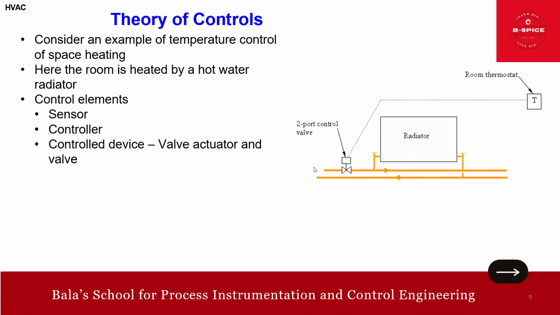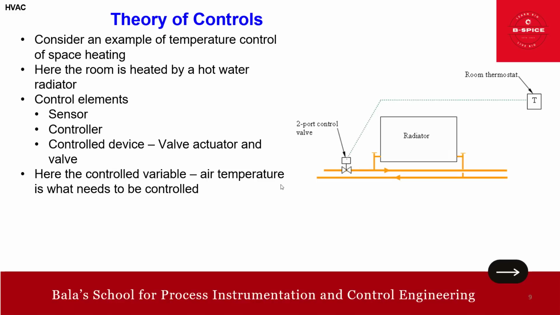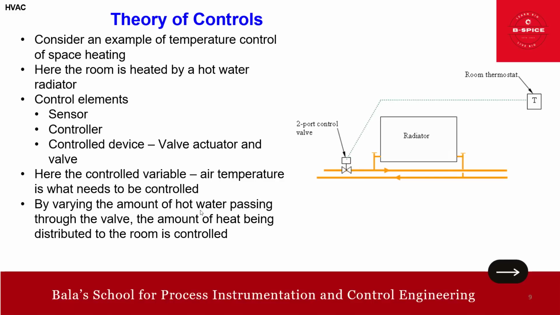And you have this control device, a valve actuator or a valve. Here the controlled variable, the air temperature, is what needs to be controlled. By varying the amount of hot water passing through the valve, the amount of heat distributed to the room is controlled. You got it, friends?